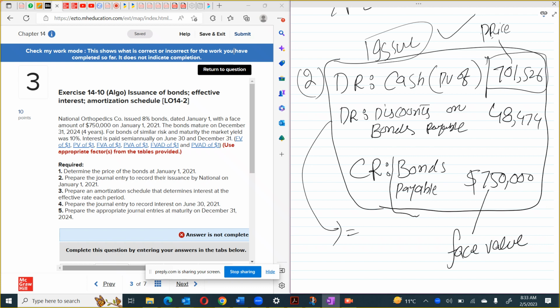At maturity, you will debit the interest expense, you will credit the cash interest, and you will take the difference, and that difference obviously will be a credit to discounts on bonds payable.